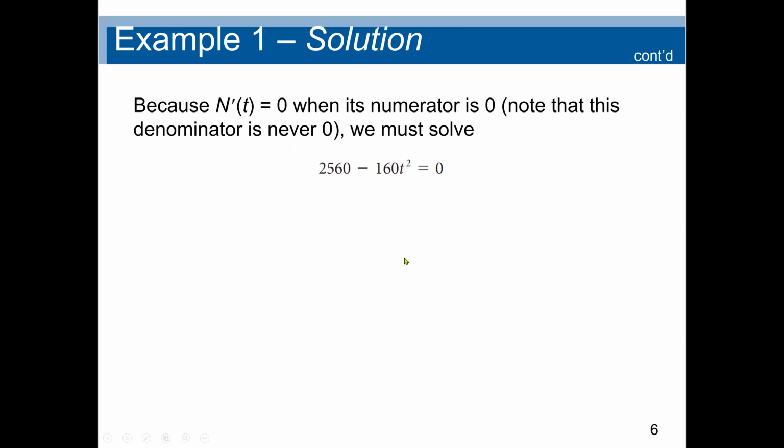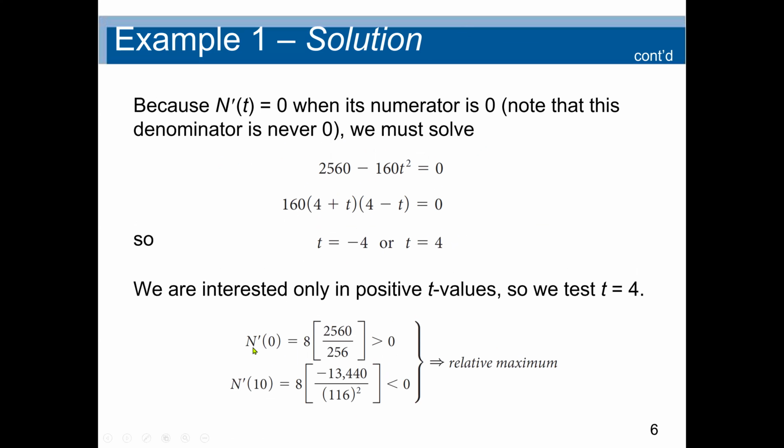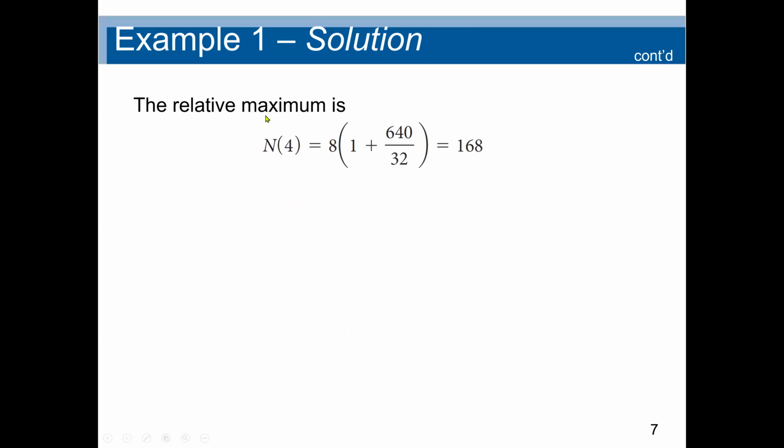When we are finding the relative minimum or maximum, you will see that we use the derivative of n. But when we are finding the absolute maximum or minimum, we use the original function, n. So we plug the value, this is what we get, 168.